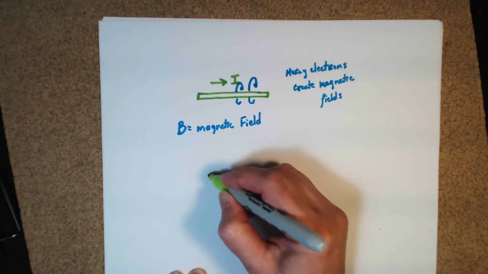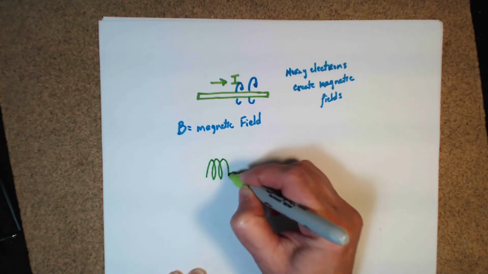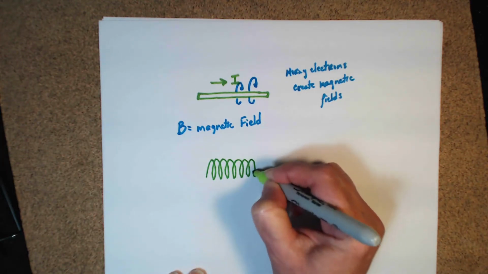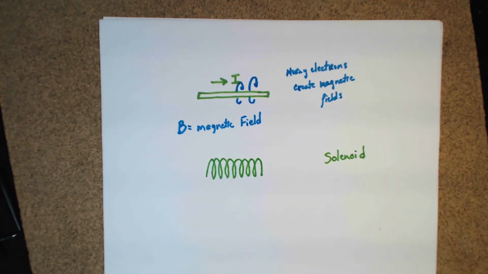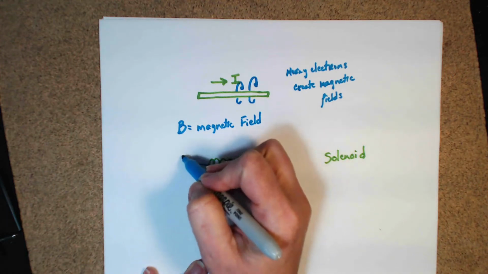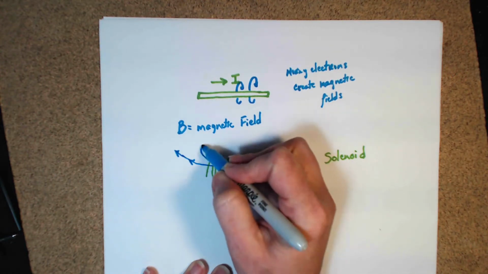Let's imagine that we have a coil of wire with a current traveling through it. This is called a solenoid. What would the magnetic field look like for a solenoid? The field lines inside a solenoid point in the same direction and are nearly parallel. They're uniformly spaced and they're close together.